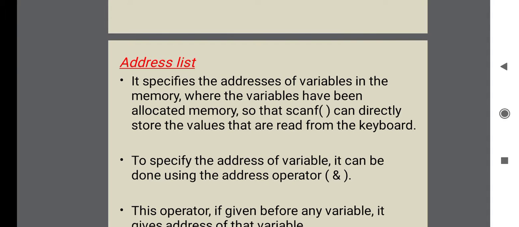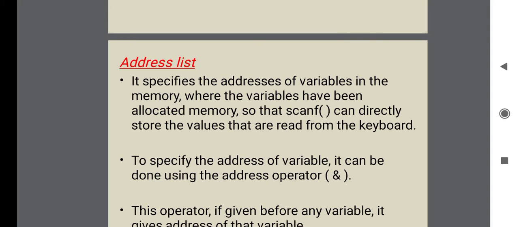So this address list specifies the address of the variables in the memory where the variables have been allocated memory, so the scanf can directly read and store the values that are read from the keyboard.